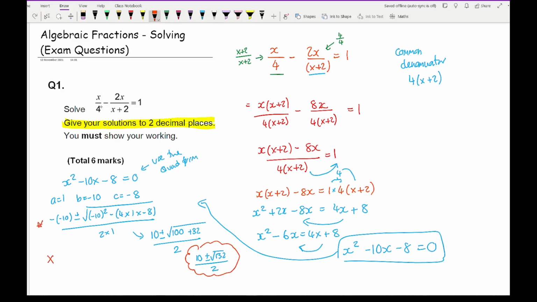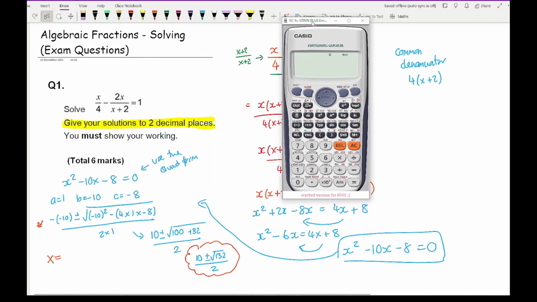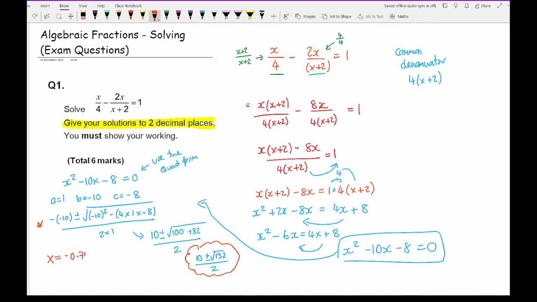So here my x values to 2 decimal places, and if I get the calculator out, let's just start by typing it in. So I've got fraction 10 plus or minus, we'll go for the minus first, minus square root of 132 all divided by 2, equals, and it gives me an answer of minus 0.74.